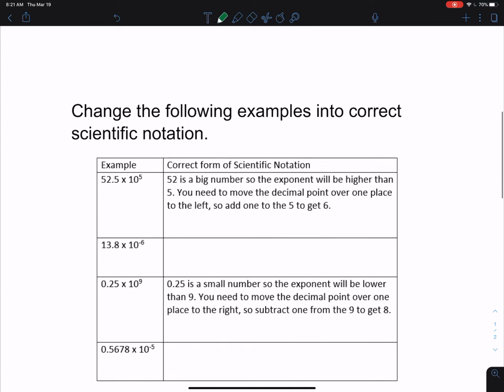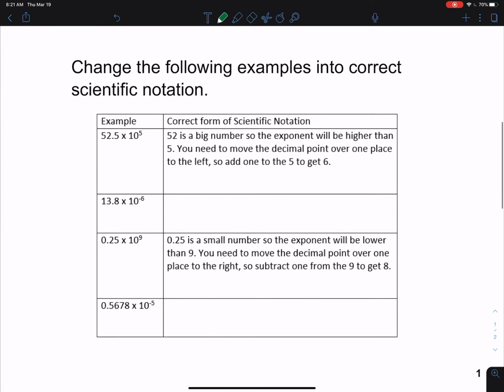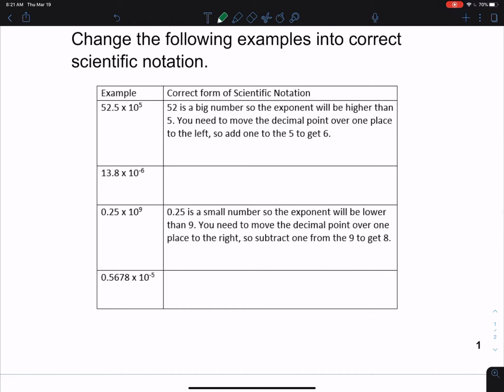We can also look at some numbers that aren't quite in scientific notation, even though they look like they are, and figure out how to get them into correct scientific notation. So if we look at this first example, we have 52.5 times 10 to the 5th power. The issue here is that this 52.5 is too big.